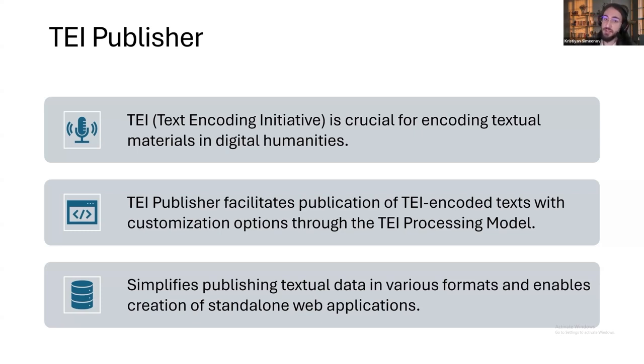TEI Publisher facilitates the publication of such texts, offering customization options through the TEI processing model. More on that later. It simplifies the process of publishing text in various formats and enables the creation of standalone apps.